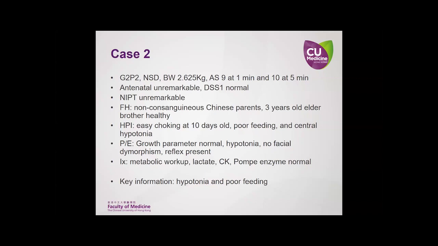So why have I mentioned the CK and the Pompe enzyme? Because for a patient presenting with gross motor delay or hypotonia, there are conditions that we couldn't miss, which are Duchenne muscular dystrophy and also Pompe disorder. Because these two groups of disorders are very treatable.